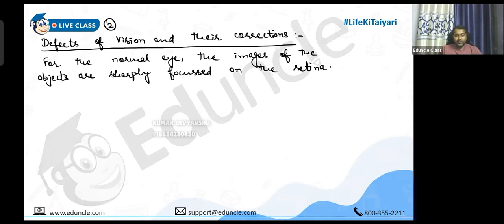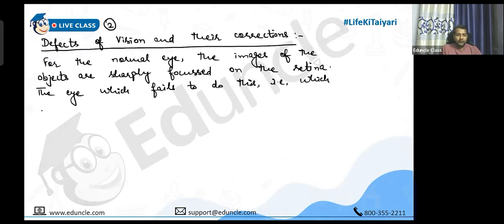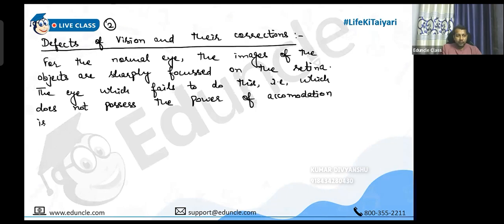It is done automatically by the eye. Actually, the eye lens can change its focal length by changing the thickness. The eye which fails to do this, that is, which does not possess the power of accommodation to adjust its focal length, is called a defective eye.